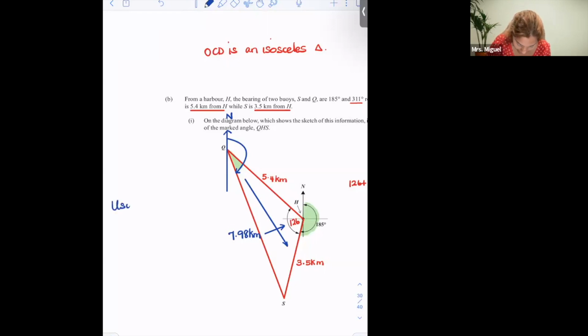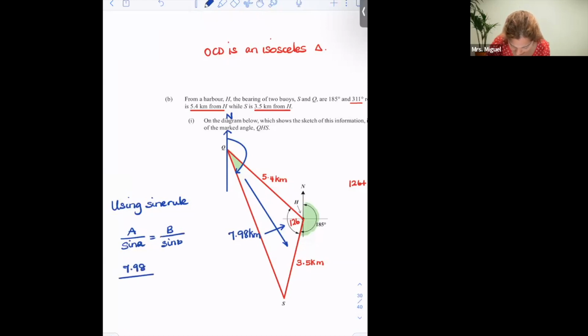So using the sine rule, which is A over sine A is equal to B over sine B. A is 7.98.